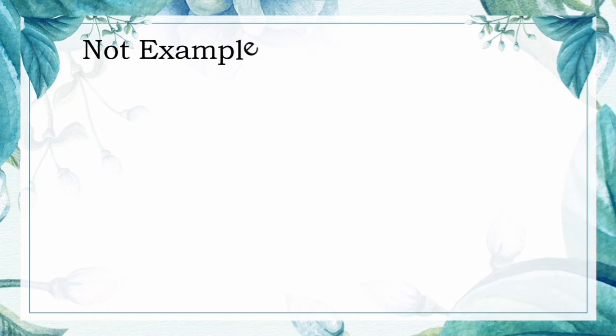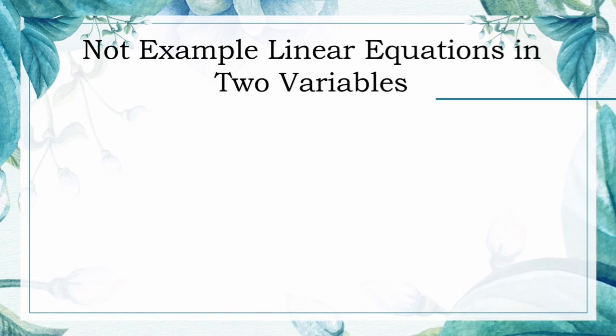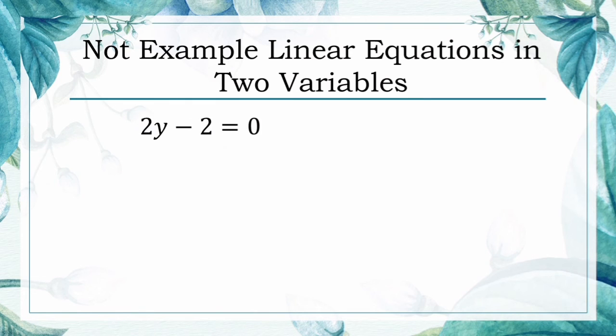Next, non-examples of linear equations in two variables. Number 1. 2 times y minus 2 equal to 0. This expression is a linear equation in one variable.